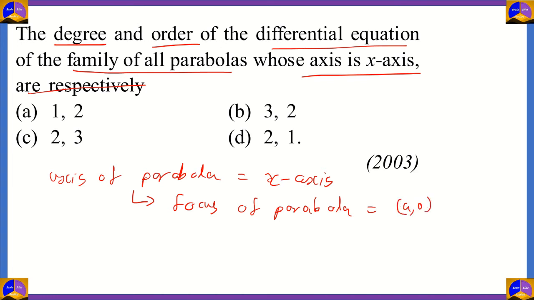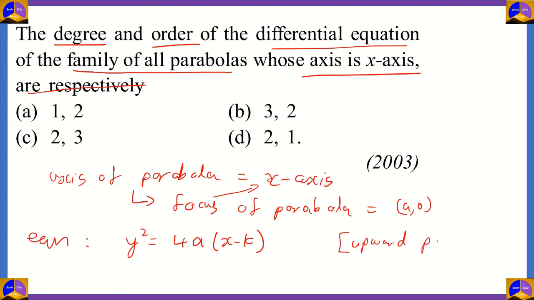So the focus will be on the x-axis. So therefore you can write the equation y squared equals 4a times x minus k. This is the general equation for an upward parabola.